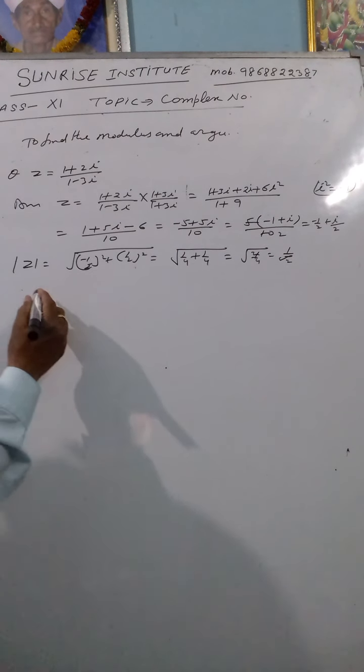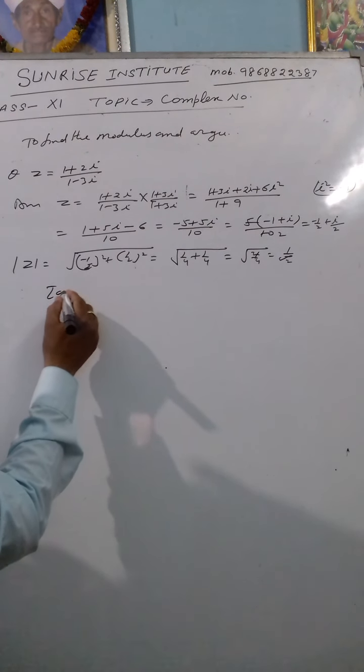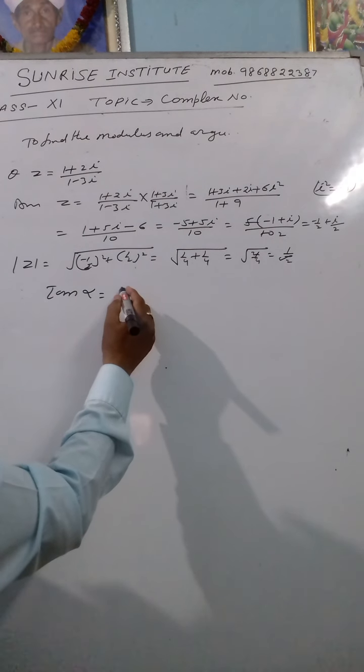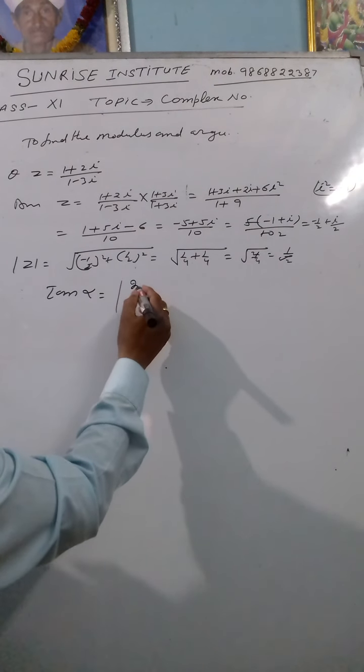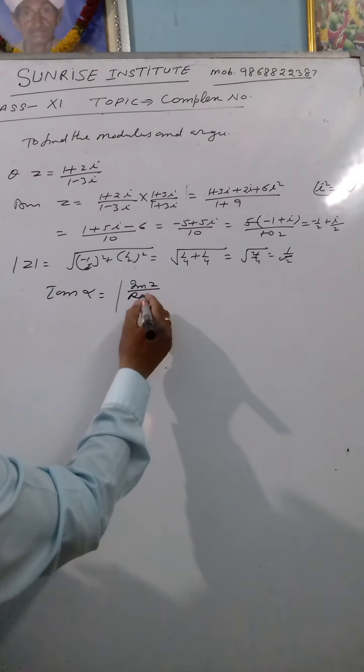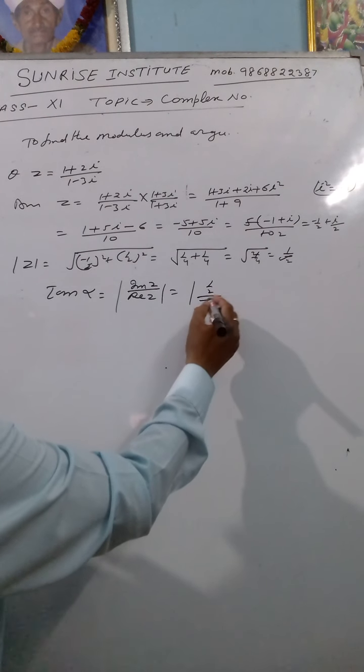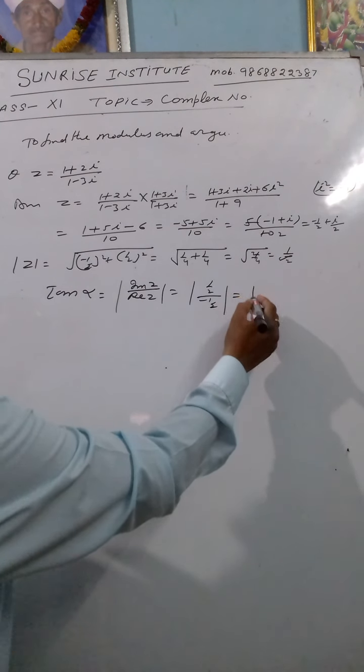And we also find the argument of z. First we find tan alpha equal to imaginary part of z upon real part of z, that is 1 by 2 upon minus 1 by 2, that is 1.